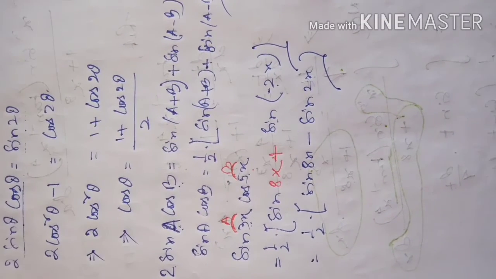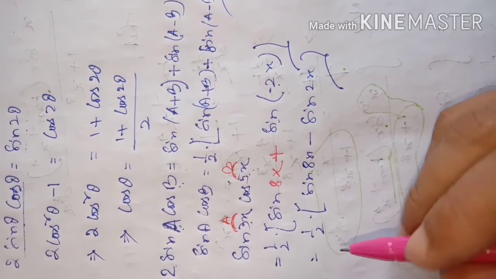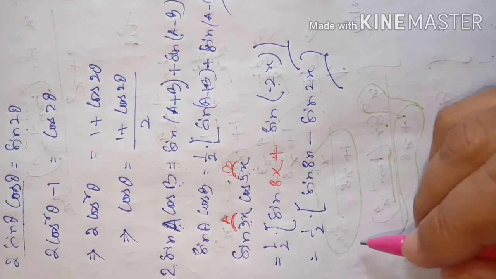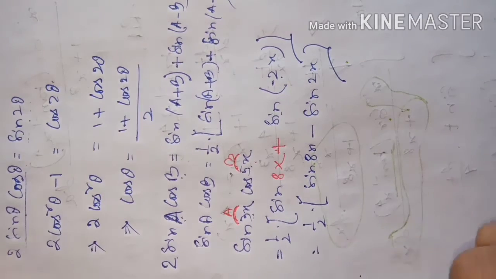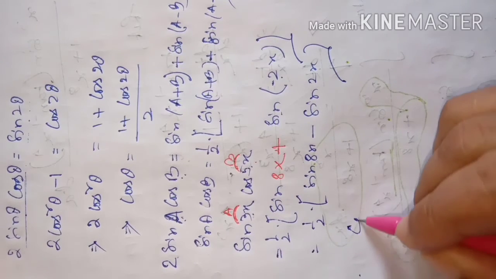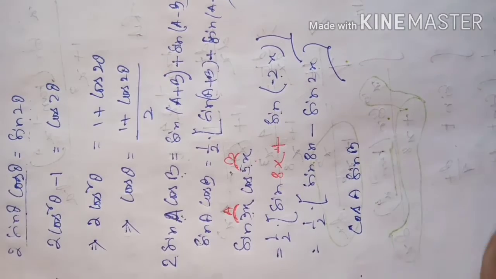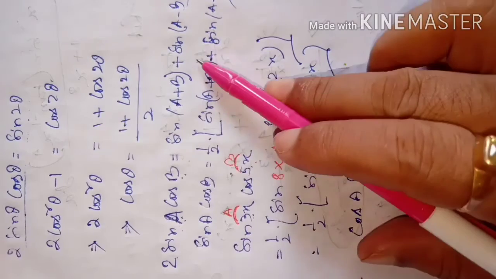Again, another identity you have learned, the cos identity. Say it is cos A sin B. Here we found sin A cos B can be transformed this way.